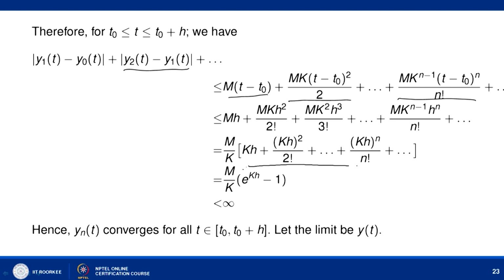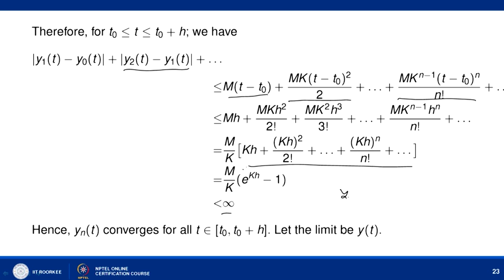This is an exponential series, and we can write it as M by K times (e^(K h) - 1). So we can say that this series is bounded by some finite quantity, less than infinity. So we can see that yn(t) converges for all t belonging to t0 to t0 plus h. So we have shown that this series is finite.